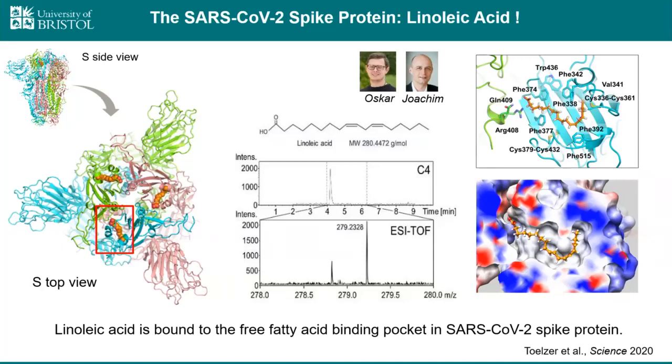So I've shown you that there is an LA binding pocket in SARS-CoV-2 spike protein. LA stabilizes a non-infectious form of spike with the RBDs locked down. And I didn't have time to talk about this, via allosteric effects, and it has been analyzed a lot by MD simulations in Adrian Mulholland's lab in Bristol. LA binding also translates all through the molecule and affects the furin cleavage site and the fusion peptide proximal region.